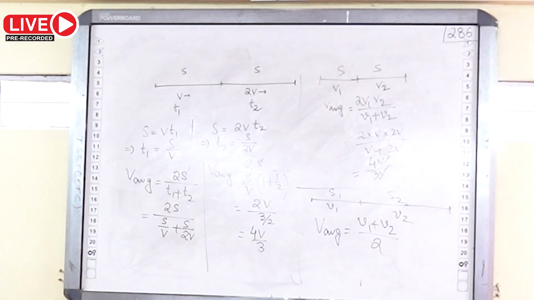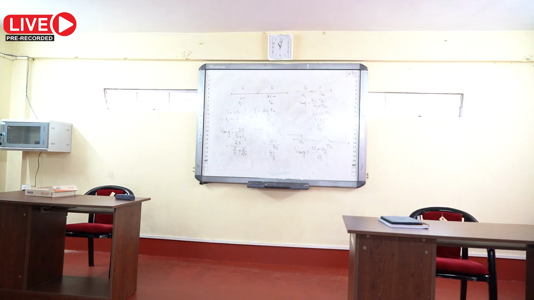So wherever time intervals are equal, average velocity will be the arithmetic mean of the two, that is v1 plus v2 by 2. Whenever distance traveled are equal, average velocity will be 2v1 v2 by v1 plus v2. This is called harmonic mean. Second one is arithmetic mean, first one is harmonic mean. Three types of means are there: arithmetic mean, geometric mean and harmonic mean. These two will come. So only remember these two formulas.